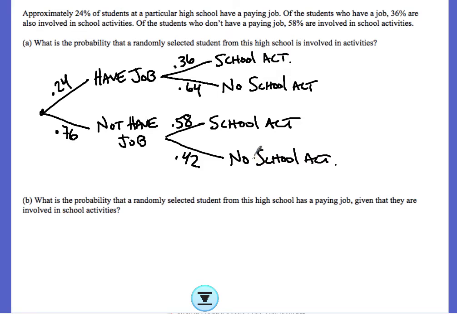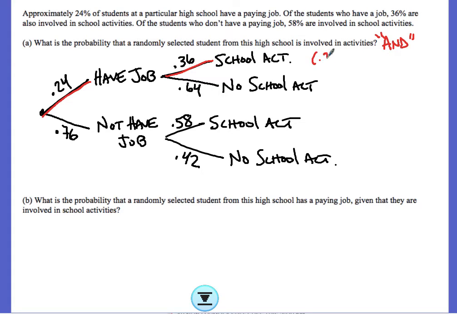All right, now whenever I make a tree diagram, I figure out the final probabilities for each branch. And those would be the and probabilities. So along this branch right here, these are people who have a job and are involved in school activities.